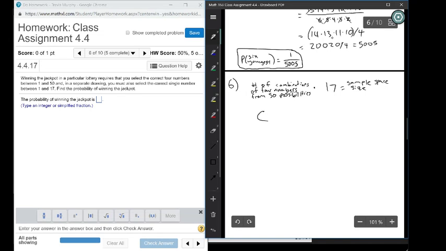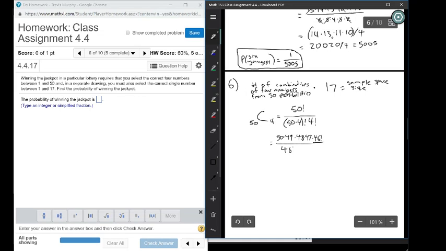So, from 50 things, how do you choose 4? That's 50 factorial over 50 minus 4 factorial times 4 factorial. 50 factorial is 50 times 49 times 48 times 47 times 46 factorial. And I know to do that because 50 minus 4 is 46.